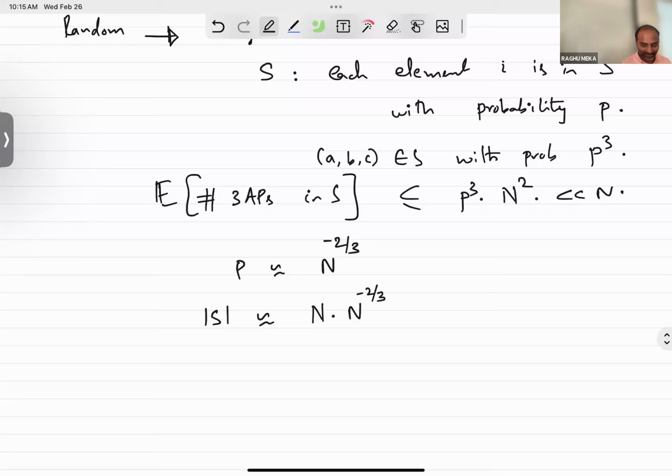So it's enough to take this to be this much. So this is roughly n to the 2/3.